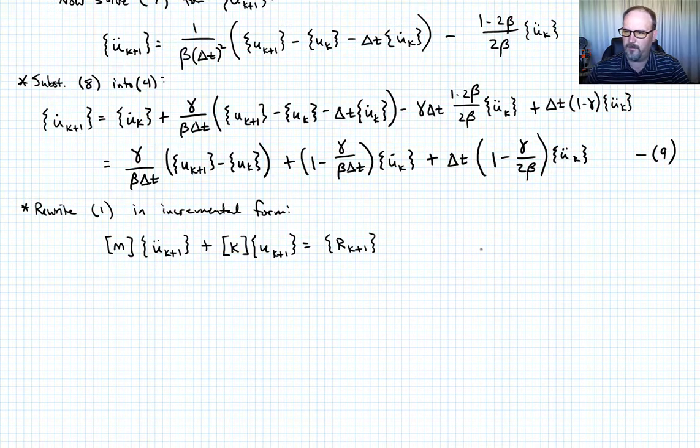This is straightforward. Let's call that equation 10. Now what I want to do is substitute equation 8 right up here into equation 10.